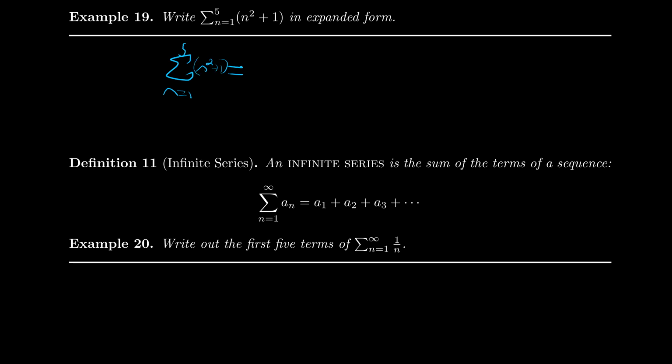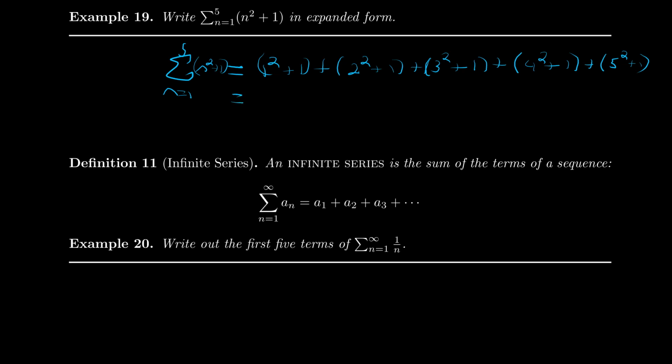Then this is going to be 1 squared plus 1, plus, in parentheses, 2 squared plus 1, plus, in parentheses, 3 squared plus 1, plus, in parentheses, 4 squared plus 1, plus, in parentheses, 5 squared plus 1. That's it.